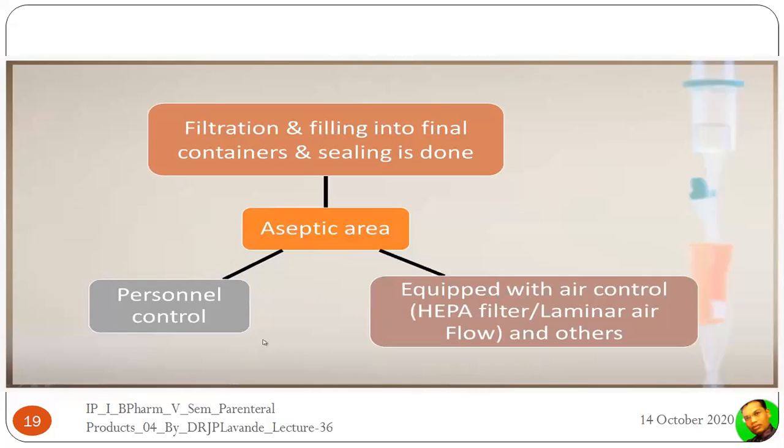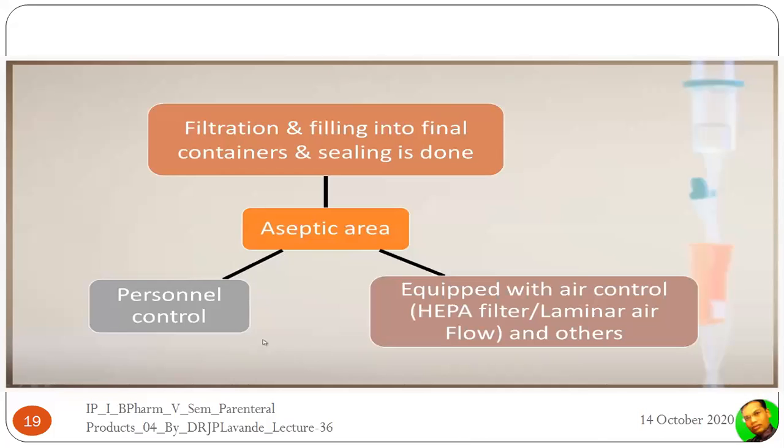The number of entries and exits should be limited. Once they go inside, they should carry out their work, and after completion of their shift they can come out. So in this area, the filtration and filling into the final containers and sealing is carried out. All the equipment is equipped with air control, like HEPA filters, laminar airflow, and the others.